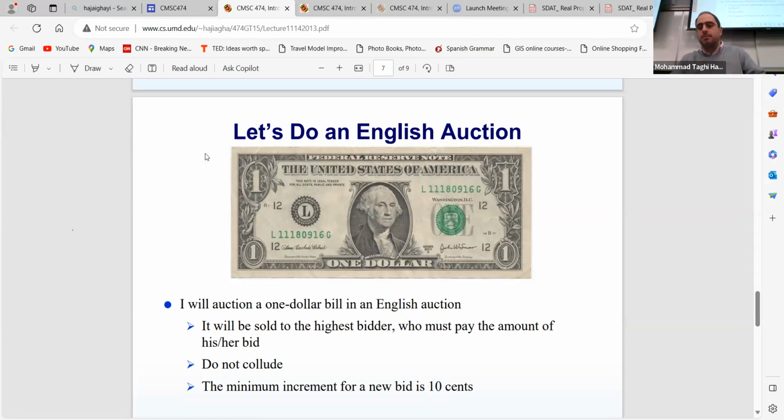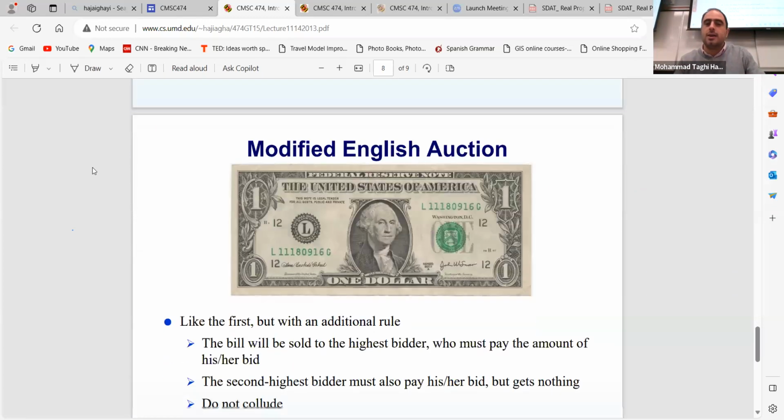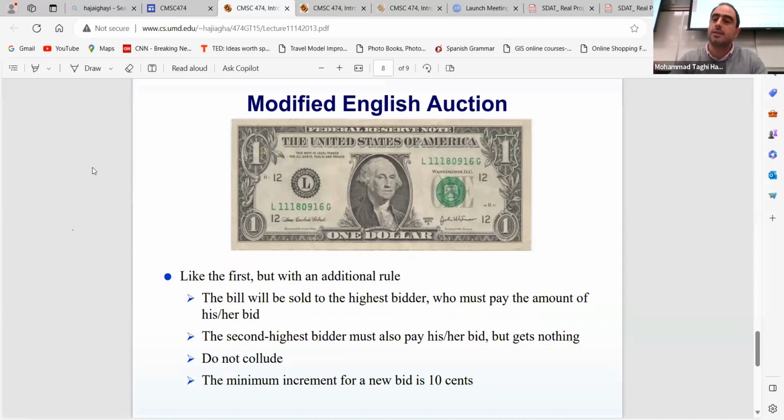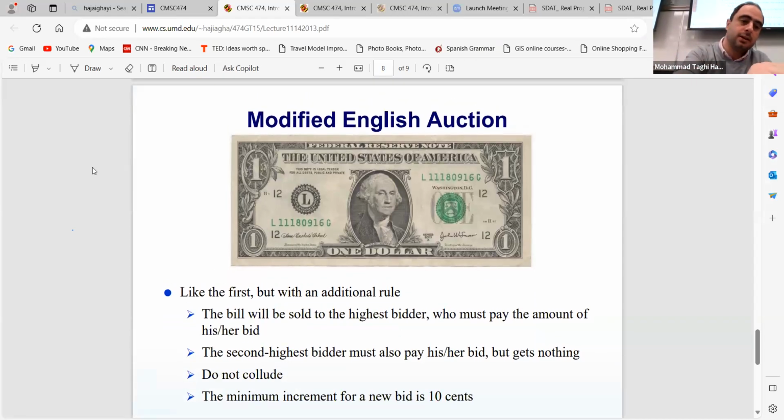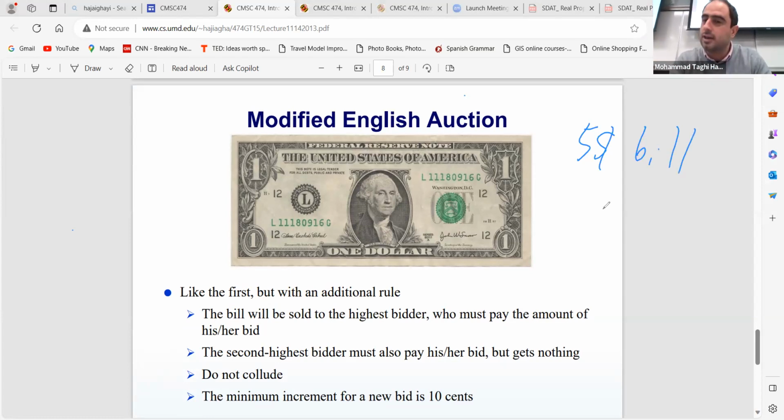So the first one was, as I mentioned, 4.75 for a $5 bill. The second one was more interesting. This one, the final thing, again was for a $5 bill. The two highest bids were, I think, $5.01, yes, and the second one was 4.51.